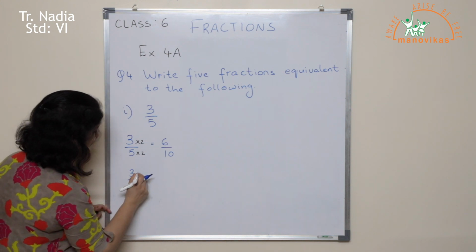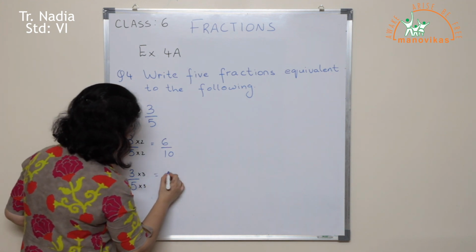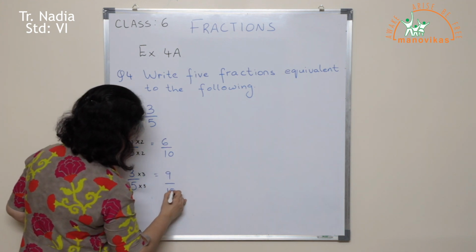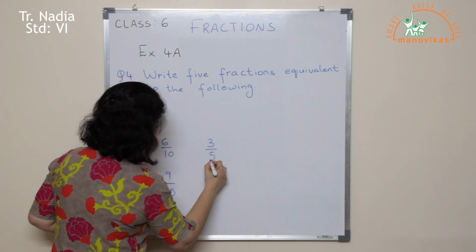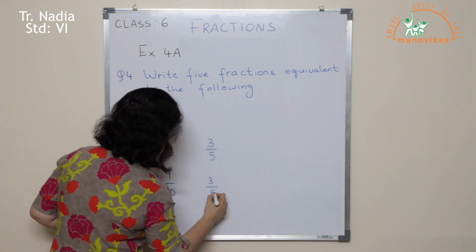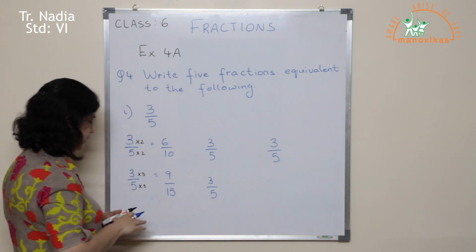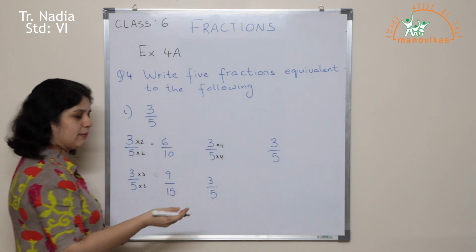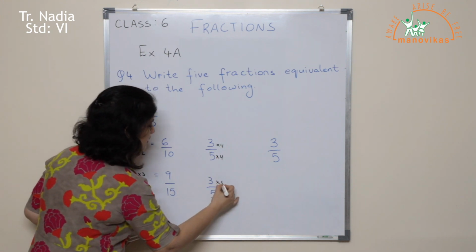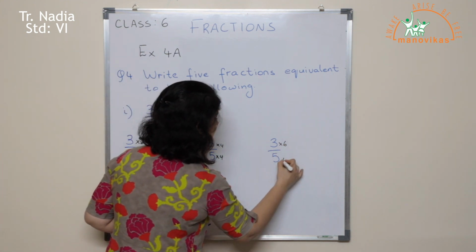This time I will multiply by 3, so I will get 9 upon 15. I need 5, so I need to do this 5 times. Here I will multiply by 4. You can take any non-zero number. Here I will take 5 and here I will take 6.